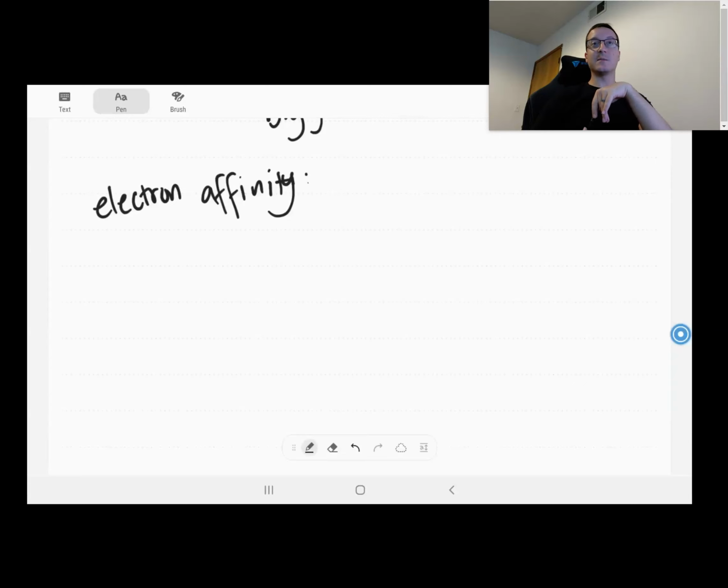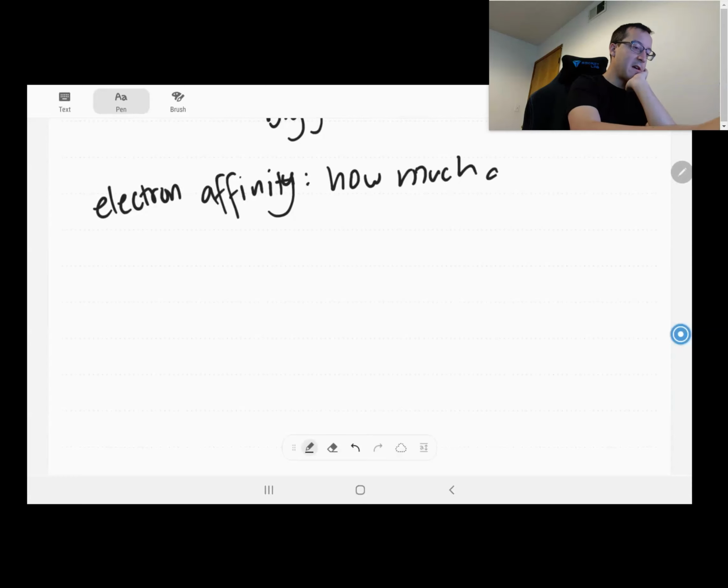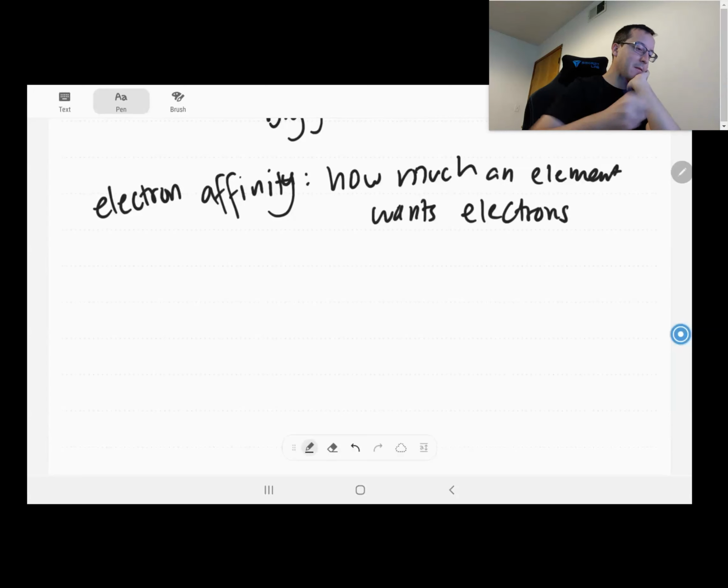Affinity is how much you like something, exactly. How much an element wants electrons. Yeah, it's a liking for something. So an electron affinity will be how much an element wants to get an electron.